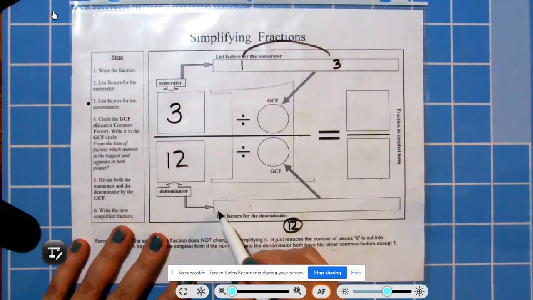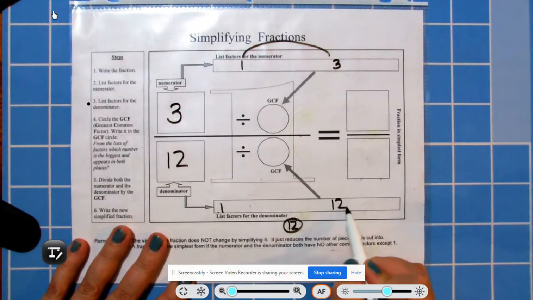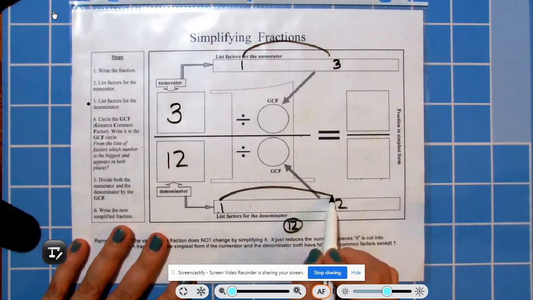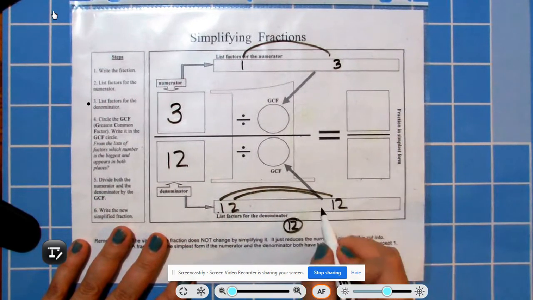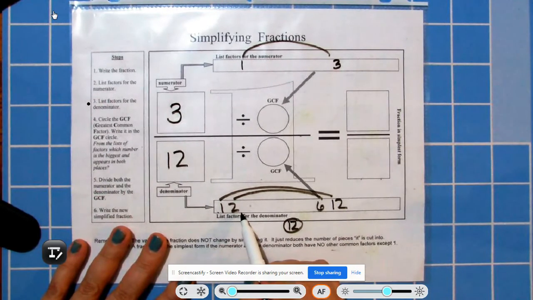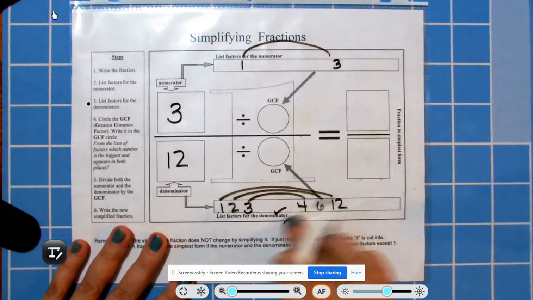All right, so we have 1 times 12. 2 is going to work because 12 is even. 2 times 6. Is 3 going to work? 3, 6, 9, 12. It is. 3 times 4. Are there any whole numbers left between 3 and 4? No. So that's how you know you are finished with that factor rainbow.